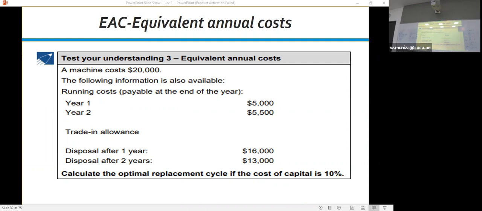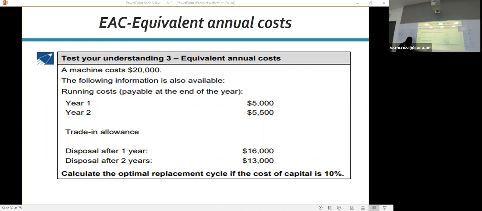Okay, so for the first case, how much is it? 10,000 negative. For the second case, it is 18,350 negative. Calculate the EAC, equivalent annual cost. 18,350 divided by the NPV factor. See the NPV factor for 2 years at 10%.